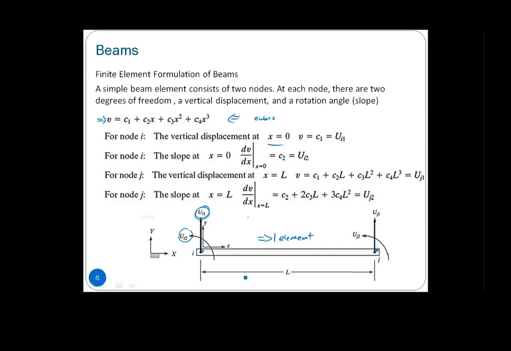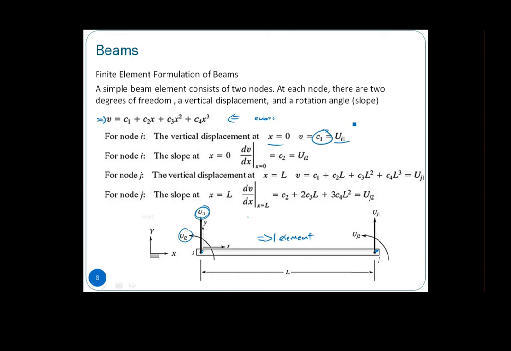So if you set the vertical displacement at x equal to 0, v equals ui1, then you substitute into the equation and you find that c1 is determined, equal to ui1.